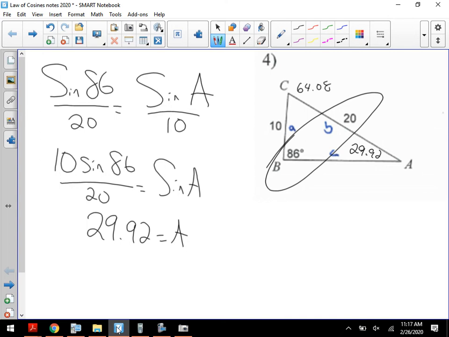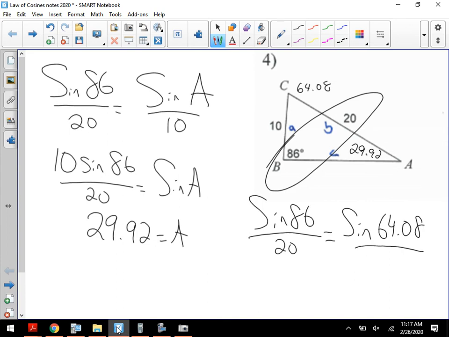So now I do the same thing using the law of sines, but now I'm not finding an angle. Now I have to use it to find a side. So we do the same setup. Sine 86, because that's what we know to start, is to 20, as the sine of 64.08 is to little c.